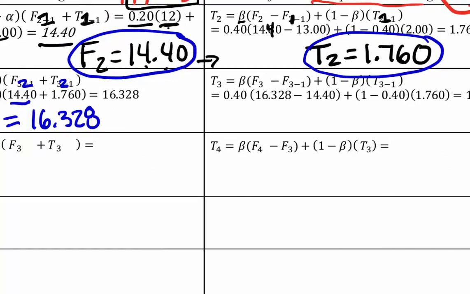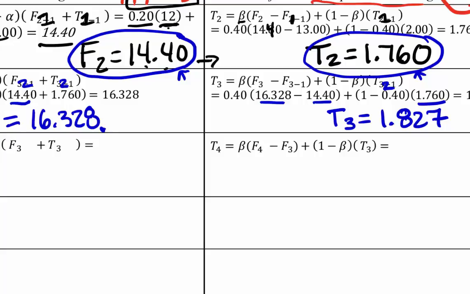It's right here. So we see that right there in the equation, minus the f of 2 that we did before, which is right there. 1 minus our beta, and then we multiply it times our t of 2. So that's right here. So now we've got t of 3 is going to equal 1.827.